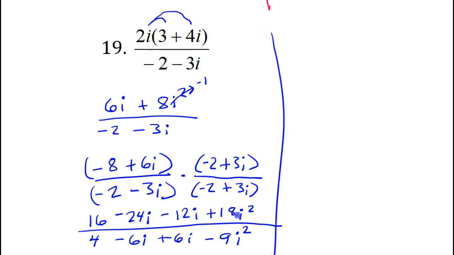Okay. Now, i squared is negative 1. That means instead of plus 18, I'm going to have minus 18. Instead of minus 9, I'm going to have plus 9. Okay, so I'm just going to bring down the rest of it.